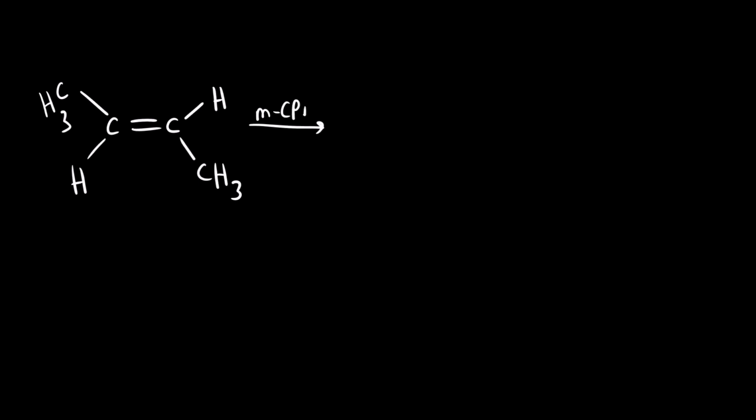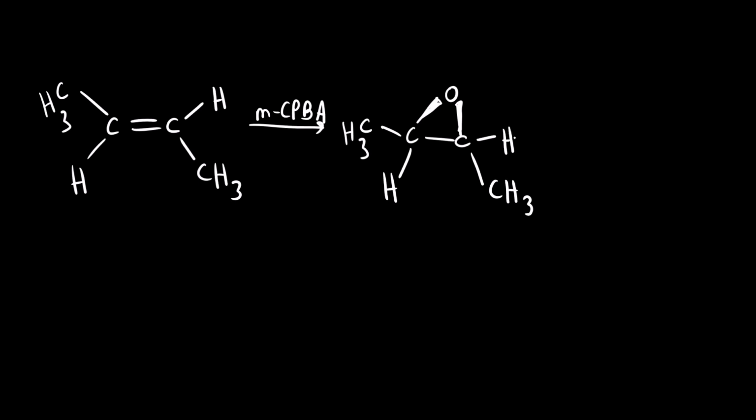So what we will get is a 3-membered ring. Let's say a 3-membered ring is formed above the plane like this. Okay, and then there are methyl groups and hydrogen. Okay, oxygen having 2 lone pairs.